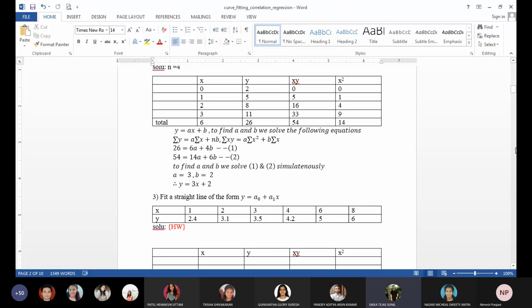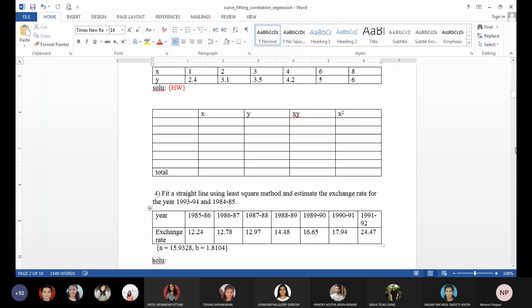सर फोर्थ वाला सम नेक्स्ट लेक्चर में करें. हो जाएगा 5 मिनट में, ज्यादा बड़ा नहीं है.